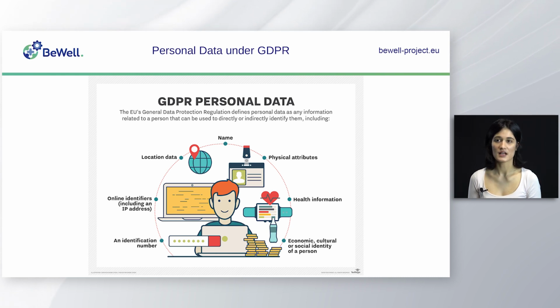An identified natural person is one whose identity can be verified directly or indirectly by reference to an identifier such as a name, an identification number, location data, or to one or more factors specific to the physical, physiological, genetic, economic, cultural, or social identity of that natural person.